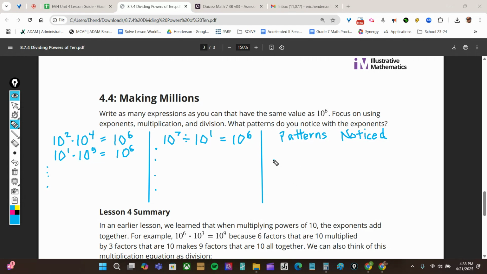Okay. So multiply is add exponents. And divide is what?